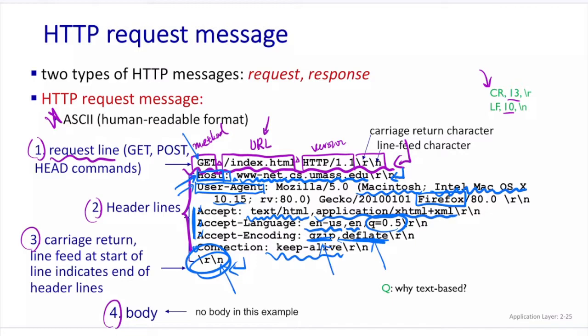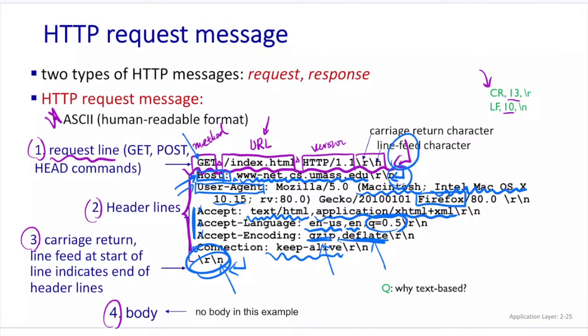So if you use binary-based fields, for example, the first method should have 3 or 4 bytes, right? And the following URL should be 100 bytes. They are fixed values. So it is not convenient to use a binary-based encoding method to write down all these HTTP requests. It is much easier to use ASCII-based or text-based, because you know every line will end with an enter.